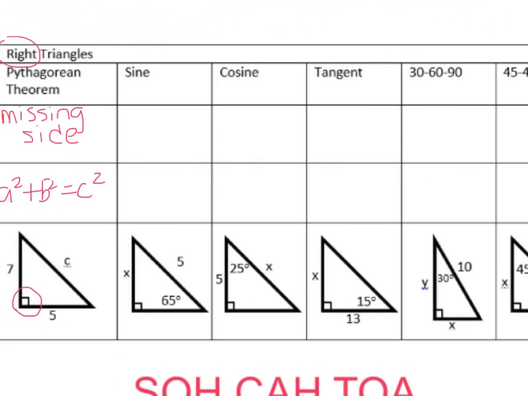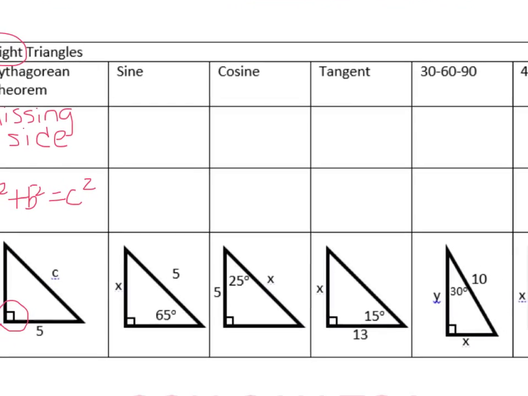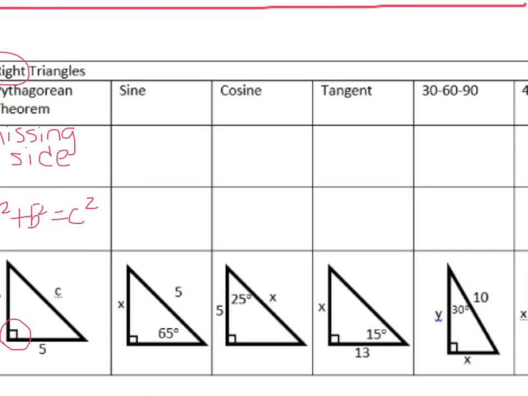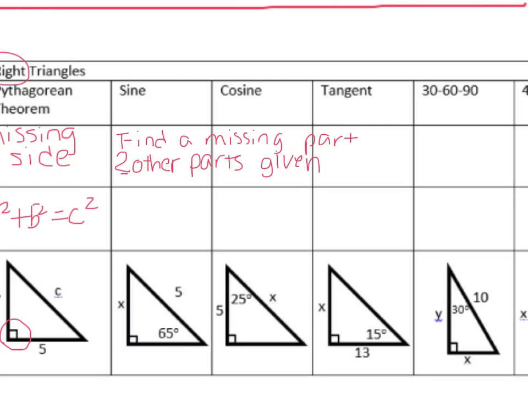Sine is going to be used when, and that's for pretty much all of these actually, when you're looking for a part. So it's to find a part, and you are going to be given basically two other parts, and one of them has to be a side. And the SOHCAHTOA helps you decide what each of the ratios are.